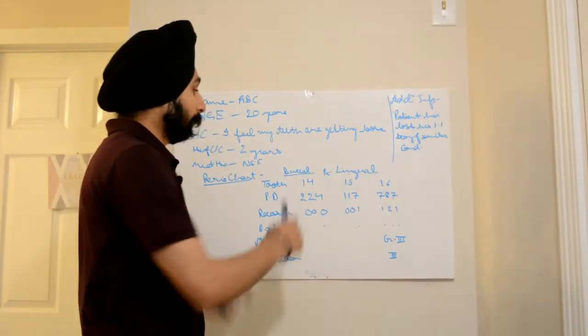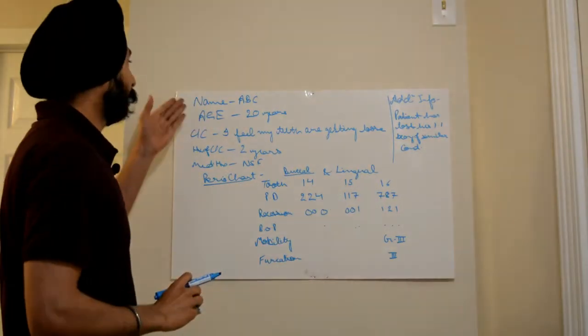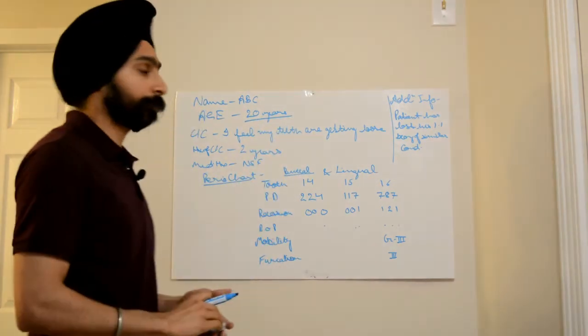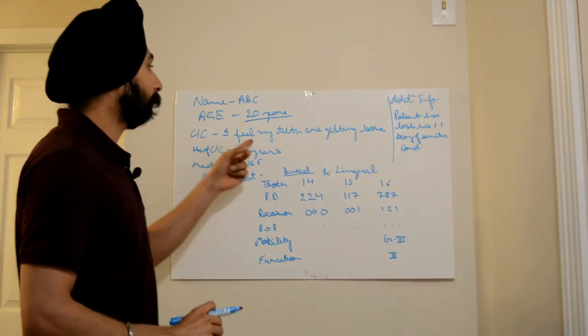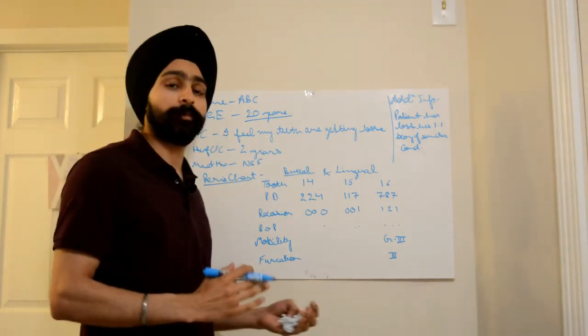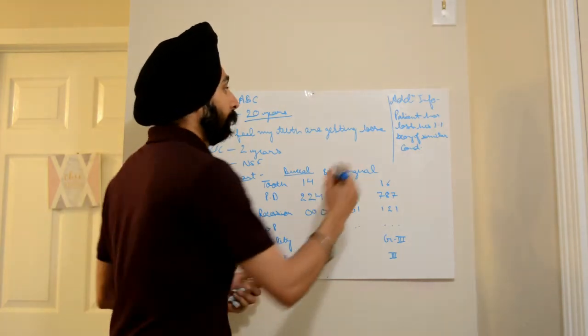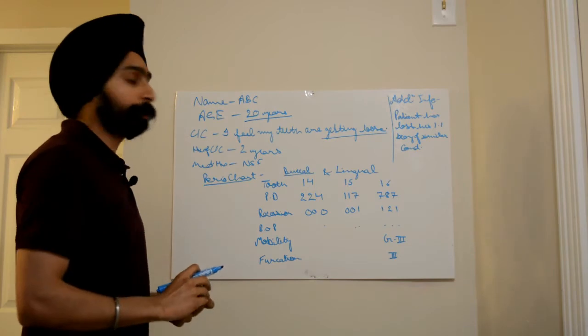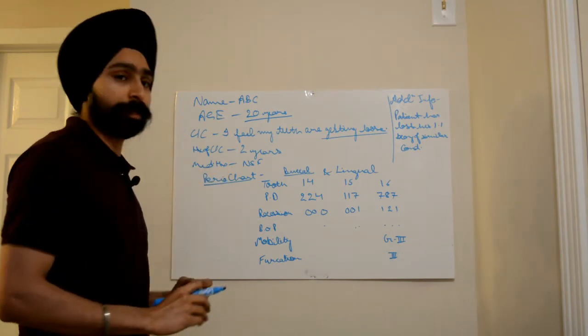Let's focus on this case history. Name, age is 20 years. Chief complaint, I feel my teeth are getting loose. So the patient is facing increased mobility of his teeth. History of chief complaint 2 years. Medical history is not significant.